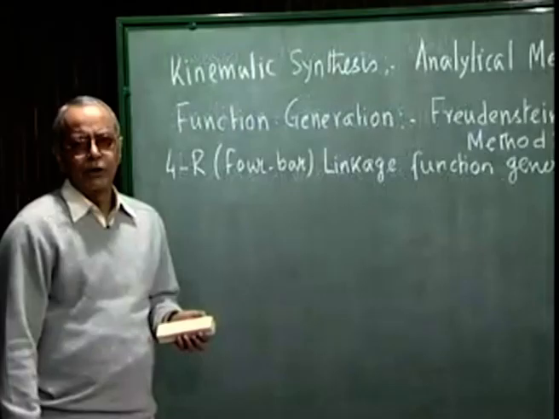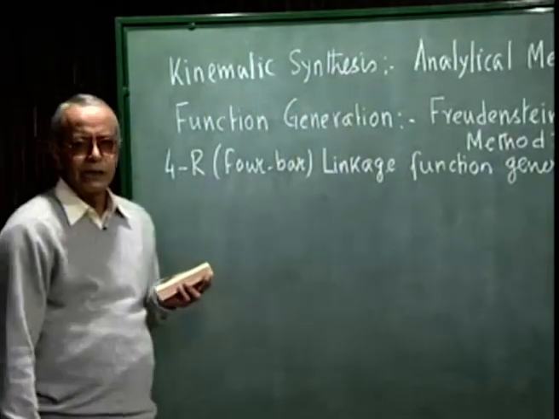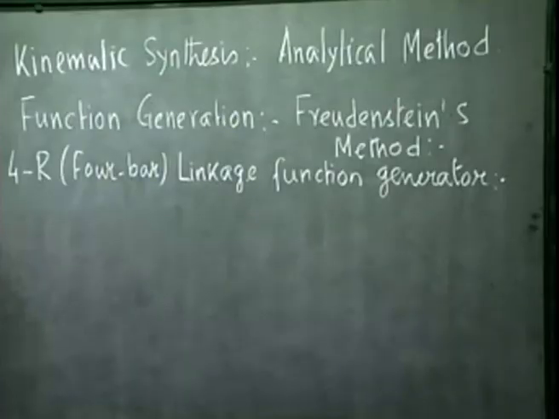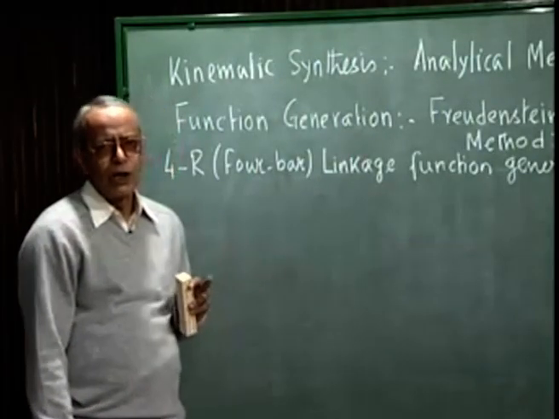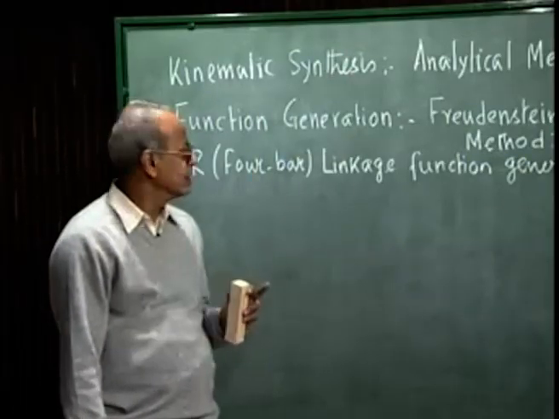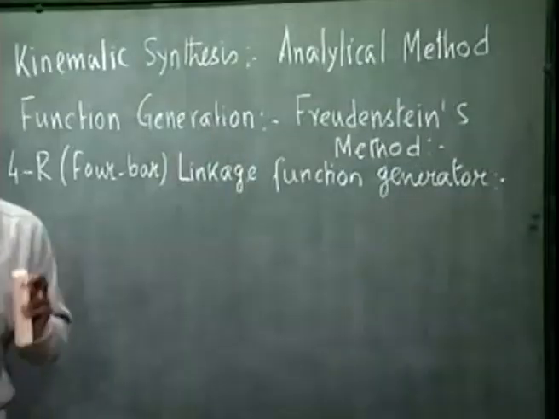If we remember, when we discussed graphical methods, we had function generator for 3-position synthesis and 4-position synthesis. However, we shall restrict ourselves only to 3-position synthesis so far as 4R linkage function generator is concerned.